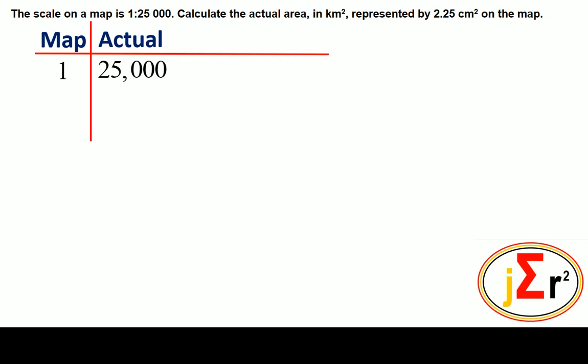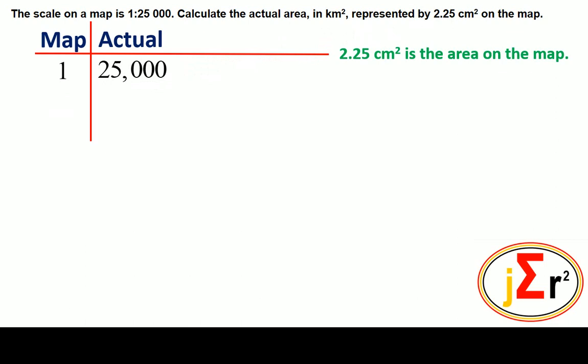Therefore, the actual distance will be 25,000 times the distance on the map. Now, 2.25 square centimeters is the area on the map. Calculate the area in kilometers squared represented by 2.25 square centimeters on the map.